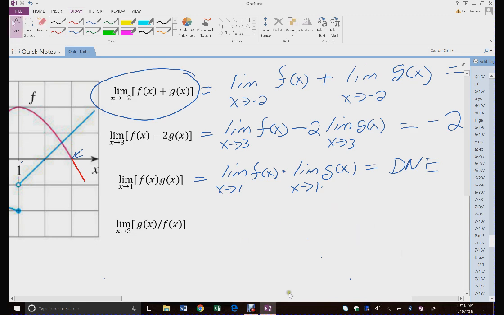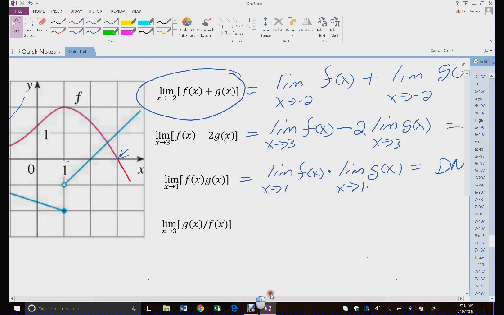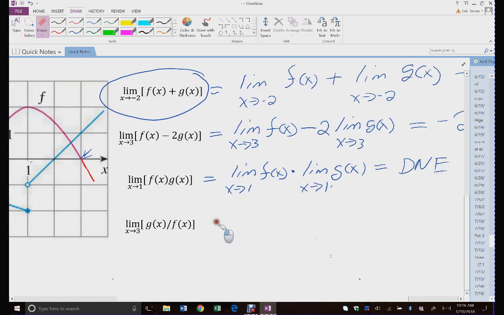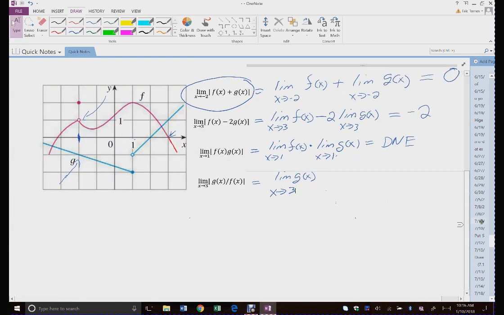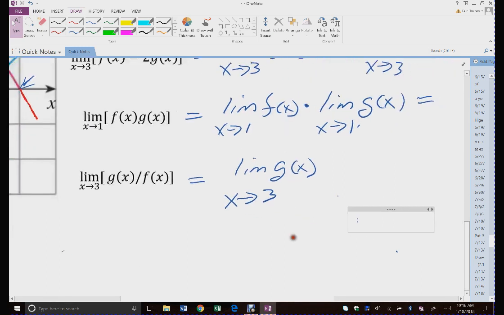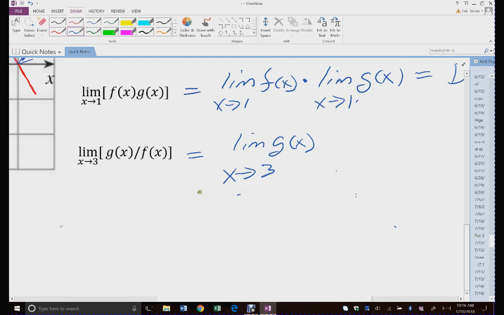And last but not least, let's take a look at, let me rewrite it. The limit of g of x as x approaches 3 divided by the limit of f of x as x approaches 3.